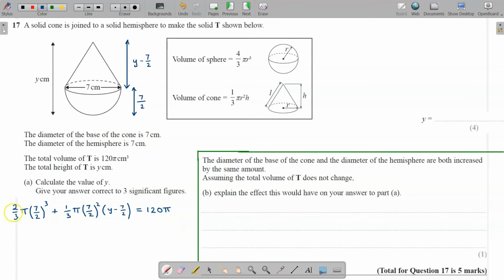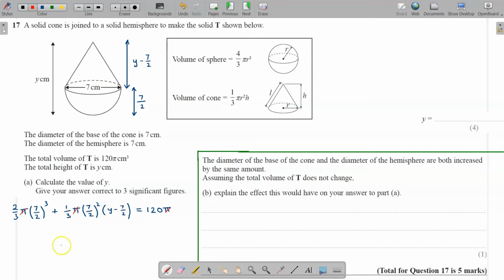Now, we're going to simplify this. We notice a factor of pi in every term, so we can just strike it out, because everything divides by pi on both sides of the equation. And we can also multiply everything by 3, and that will clear the fractions.